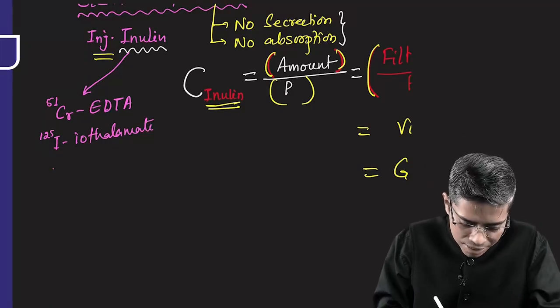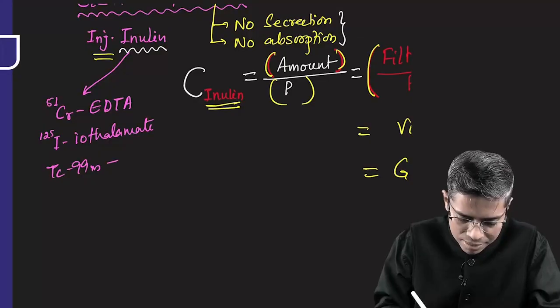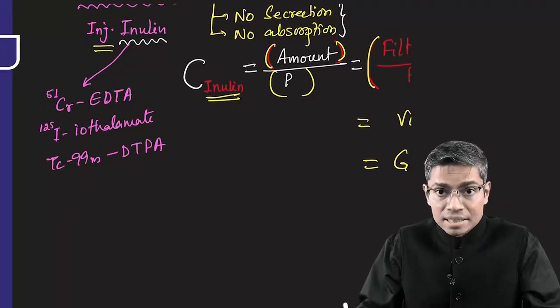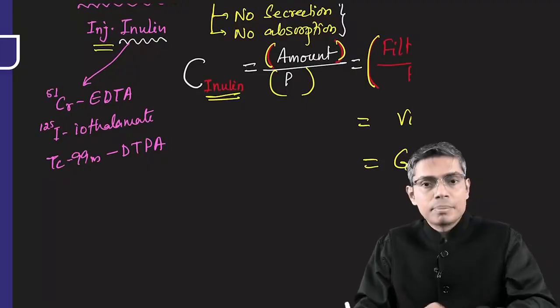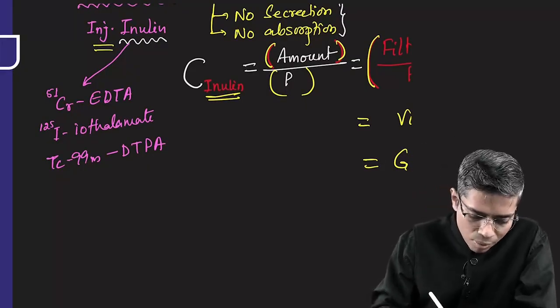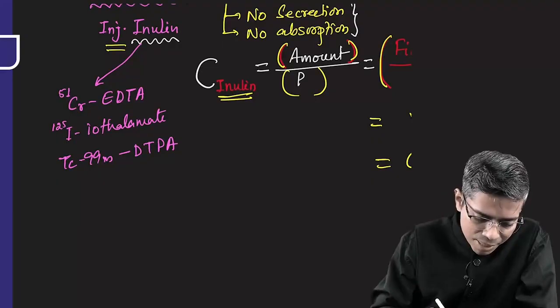Not only that, technetium, Tc-99. You must have heard this name. DTPA, diethylene triamine pentaacetic acid. So all these three substances have similar properties to inulin.